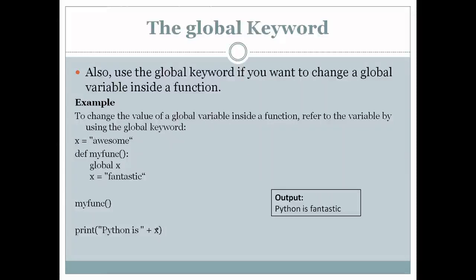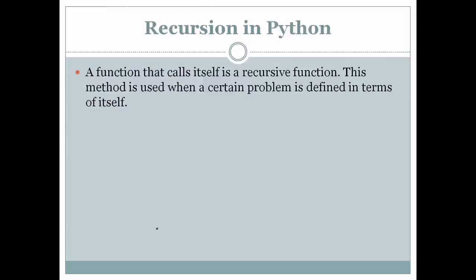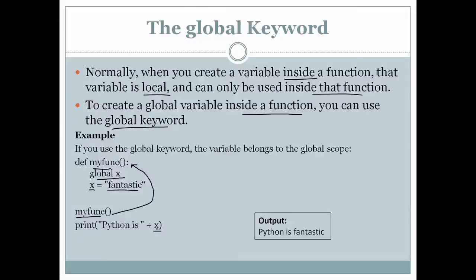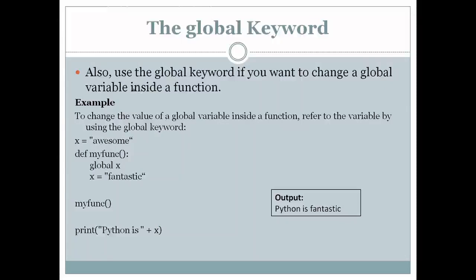So now one more use of the global keyword: use the global keyword if you want to change the global variable inside a function. So it is possible to change the value of a global variable from inside the function, and that is with the help of the global keyword.